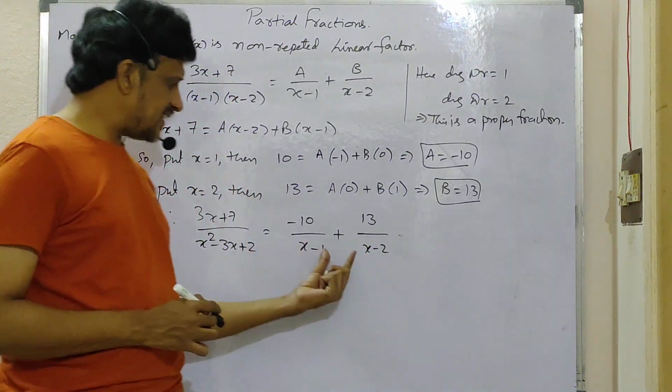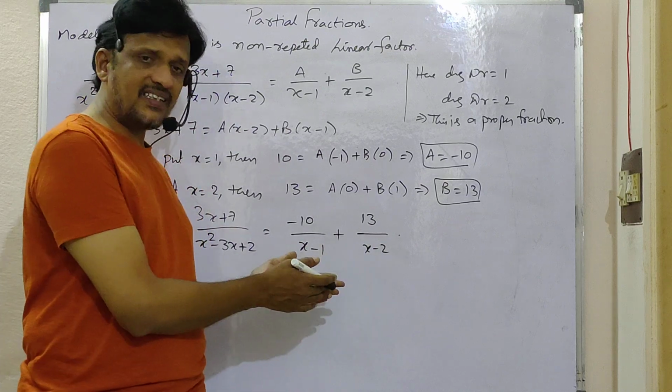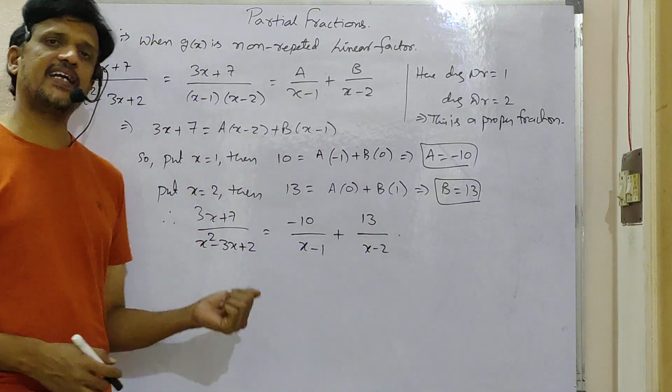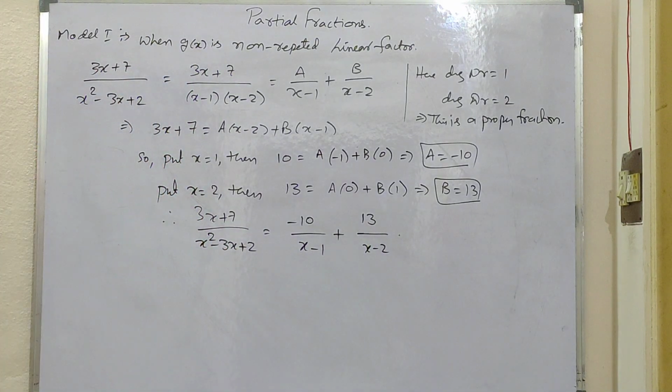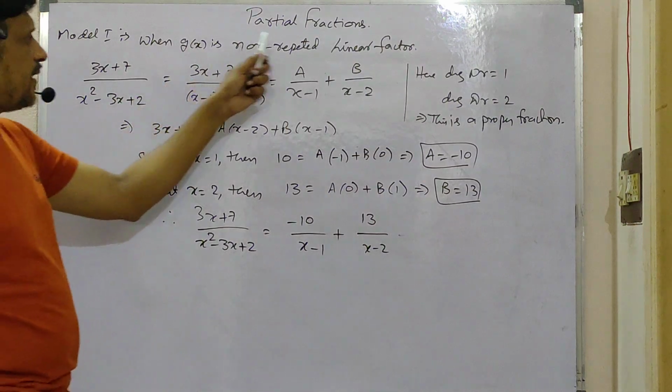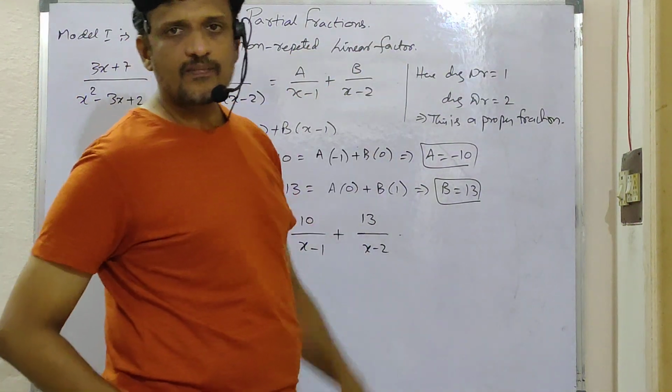If you take the LCM of these two and add the two fractions, you will get the given one back. So in this way you can write the given fraction as the sum of partial fractions when the denominator consists of non-repeated linear factors.